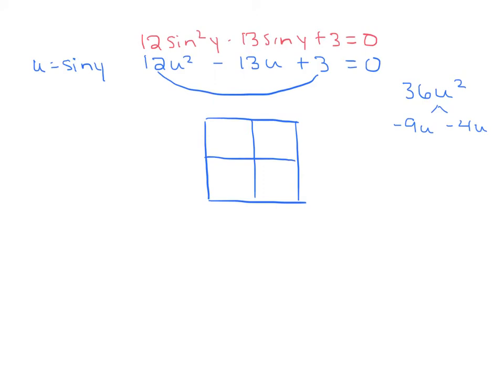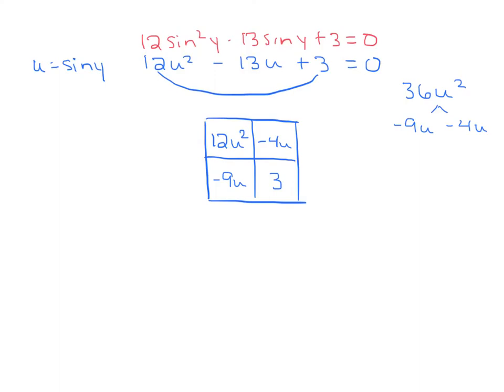And in the box, I'm going to put my 12u squared in the top left, my first term. I'm going to put the 3 in the bottom right, and then the two factors that I found go in the other two boxes in either order. And now I'm looking for common factors vertically and horizontally.